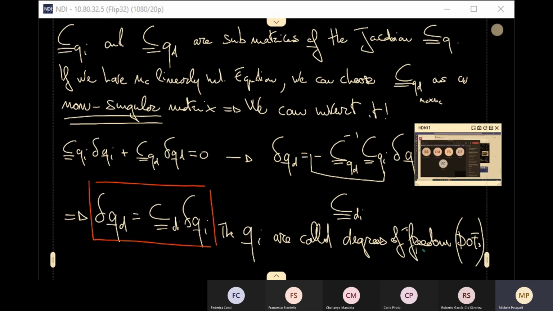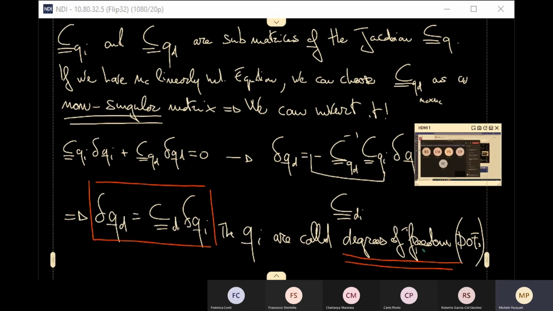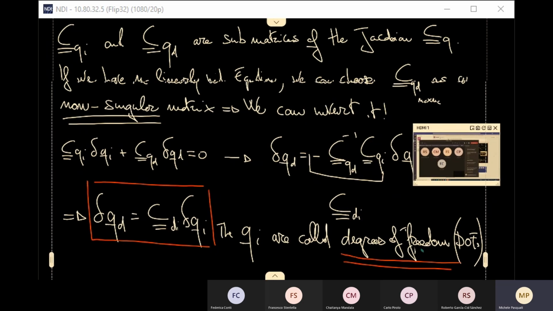So when you hear this term, it means that we are talking about the generalized parameters which can be set arbitrarily.